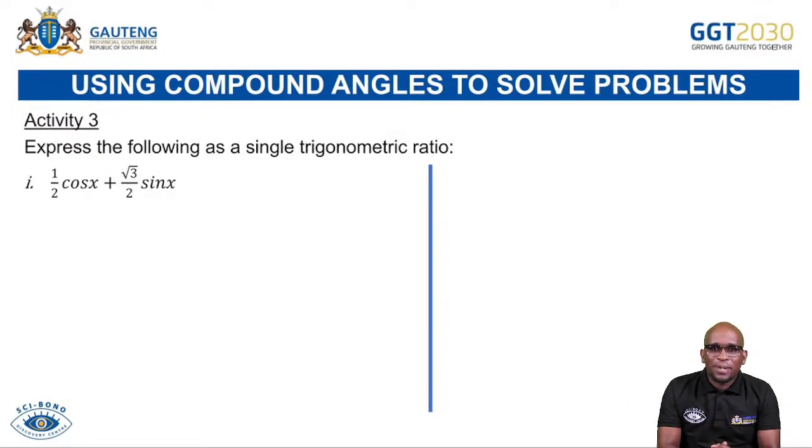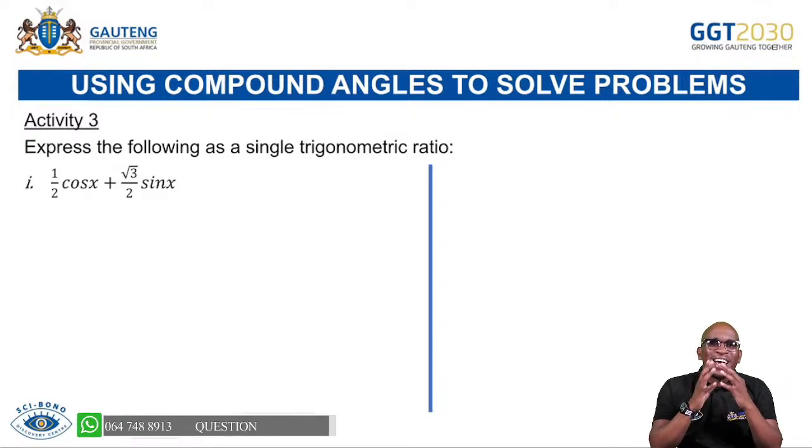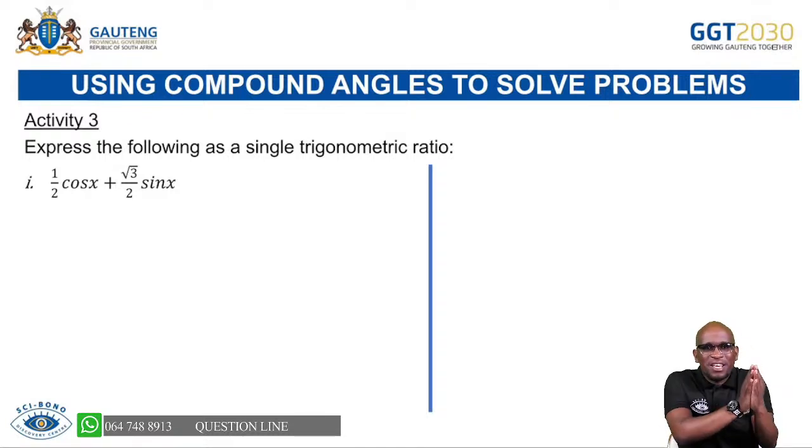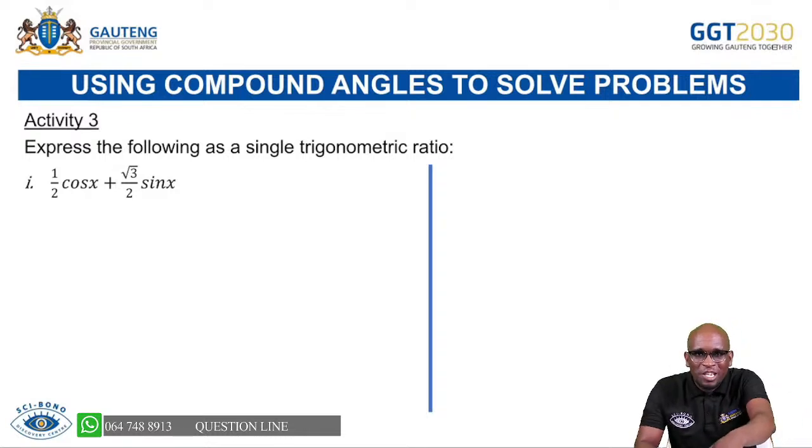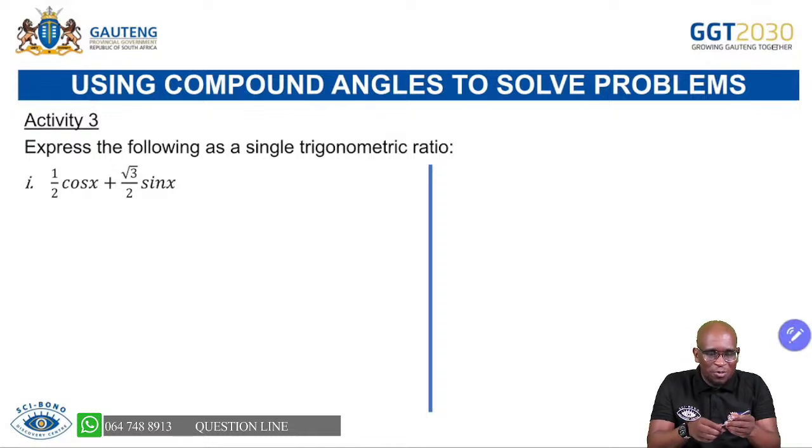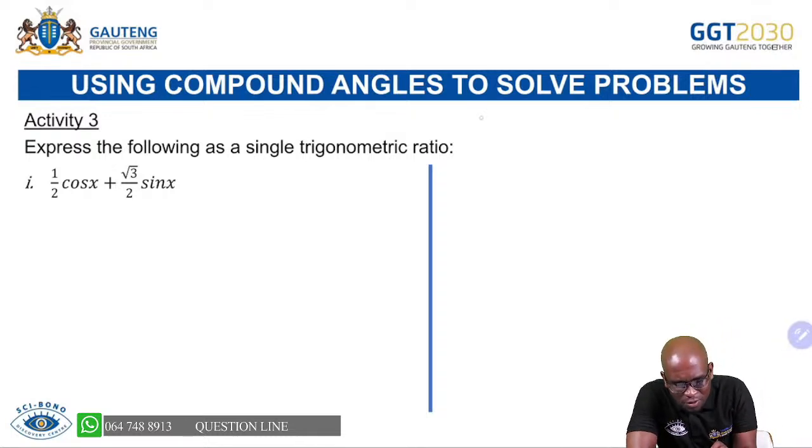Right, hello and welcome back. Now this one is a very nice one because it demands of us to write down special ratios as their corresponding trig ratios of special angles. So we are given those special ratios as opposed to being given special angles. For example, the sine of 45 degrees is root 2 over 2.